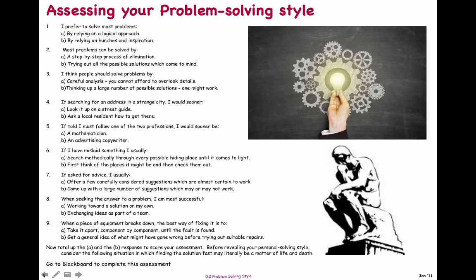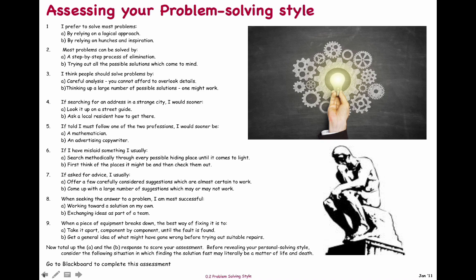Question 6. If I have mislaid something, I usually A, search methodically through every possible hiding place until it comes to light, or B, first think of the places it might be and then check them out. Number 7.